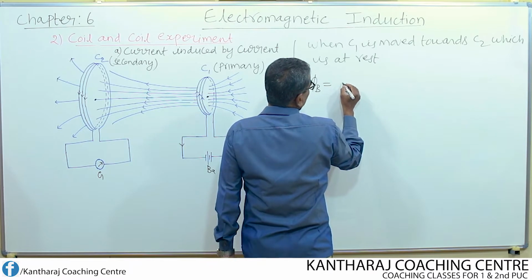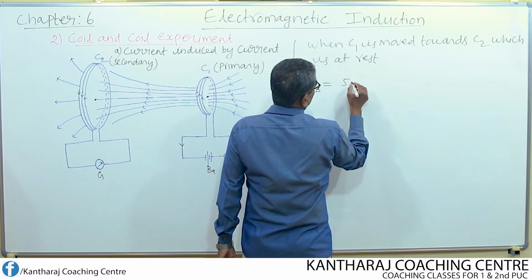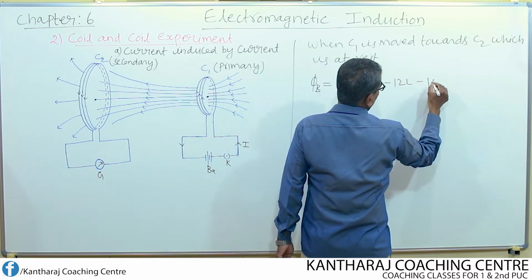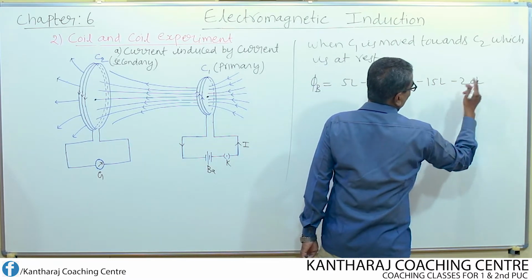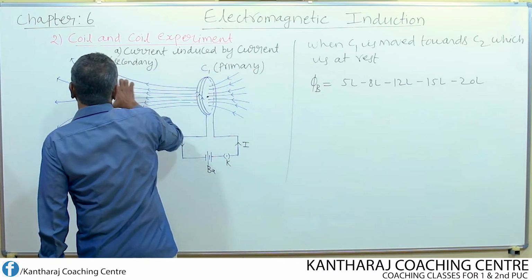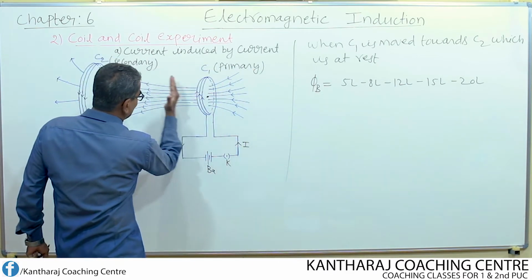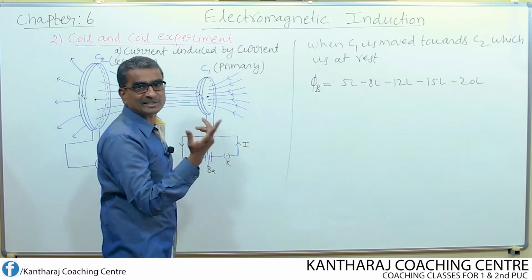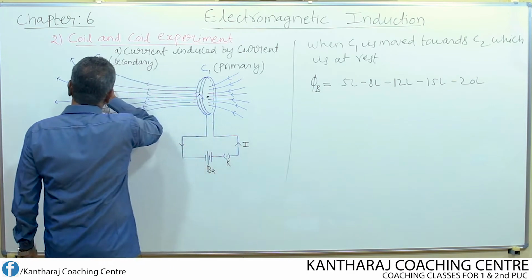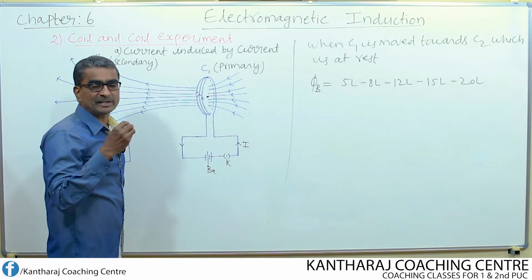For example, from 5 lines it may become 8 lines, then 12 lines, 15 lines, 20 lines and so on. That means the flux linking with the secondary coil is continuously changing because of the motion of the primary coil towards the secondary coil. As a result, an EMF is induced in the secondary coil.